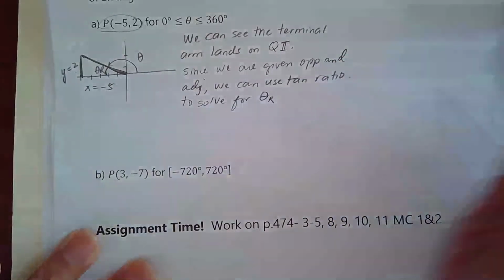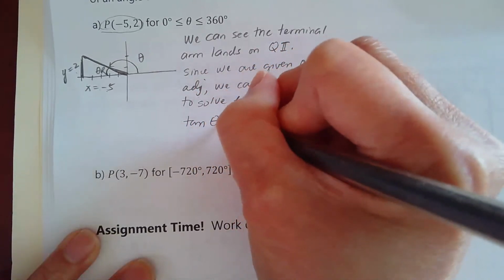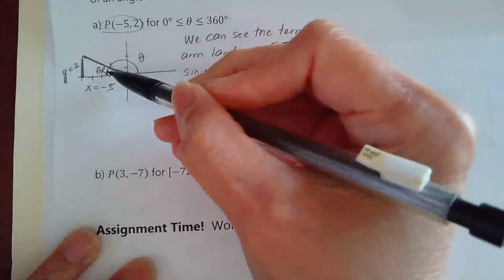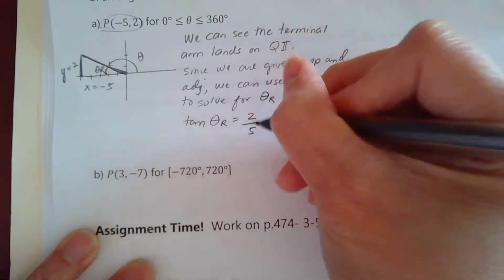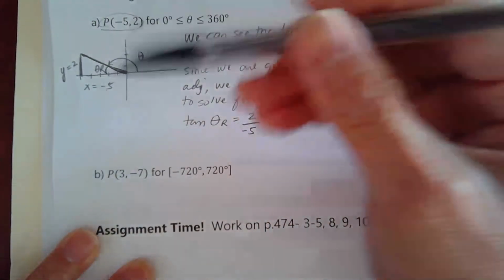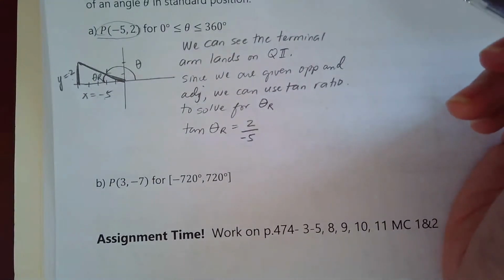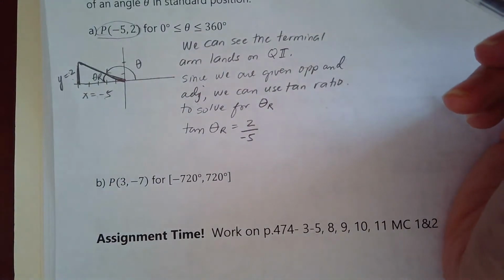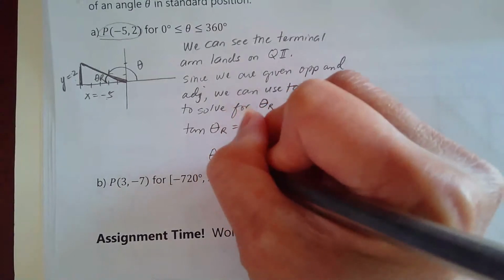Okay, to solve for theta r. So let's do that. Tan theta r is equal to opposite over adjacent. So opposite over adjacent. Okay. So let's go theta.